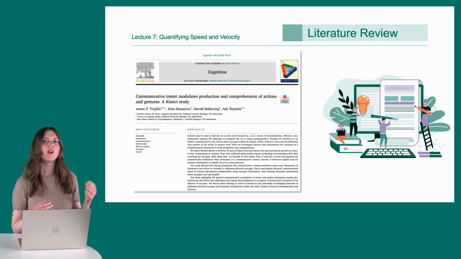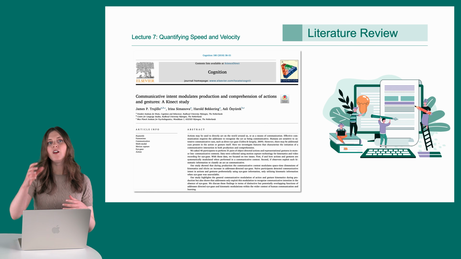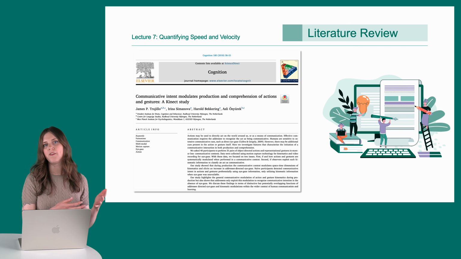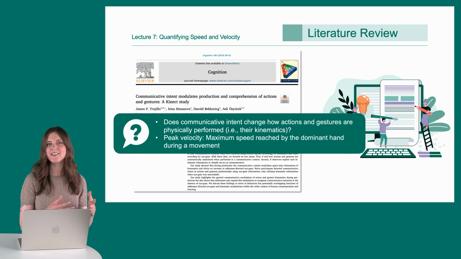In this study, participants performed object-related instructions, for example, pour the water into the glass, either by gesturing or by physically acting on the objects. The authors wanted to know whether communicative intent changes movement kinematics for gestures and actions.